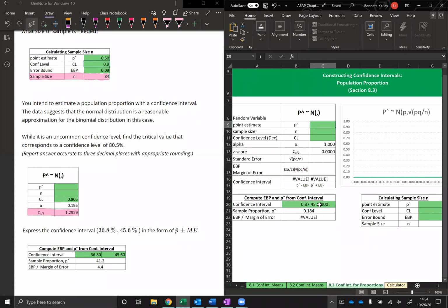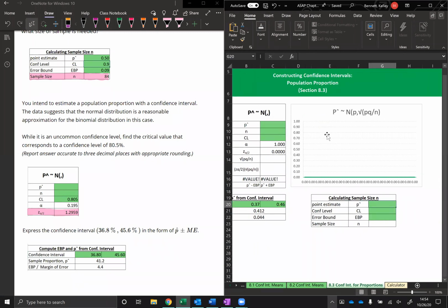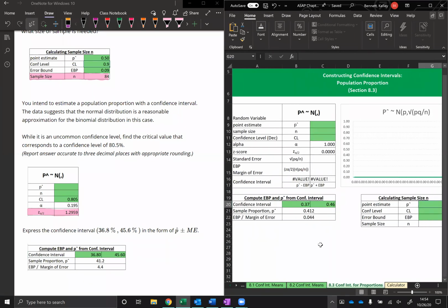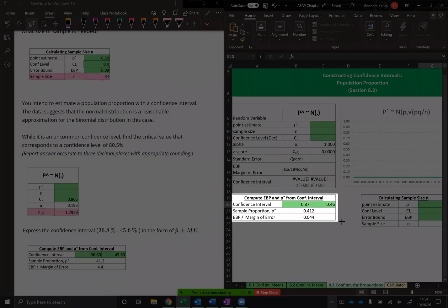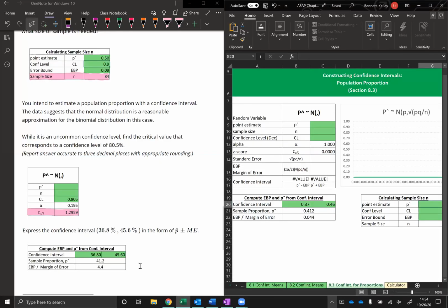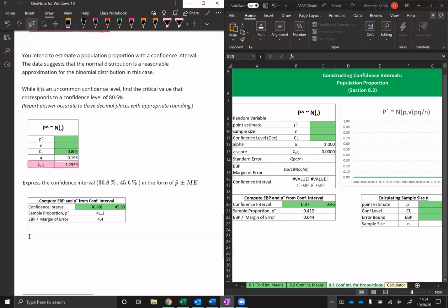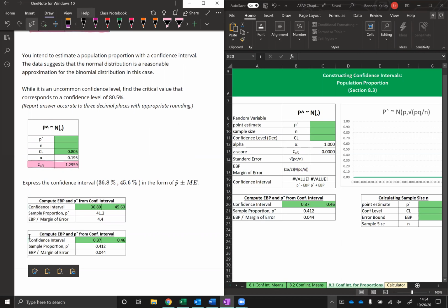There we are. We're going to end up getting the same thing, just in decimal form. So we can see that in this case, we got 0.412, which is the same as 41.2%. So the first one is a percent, and the second one is a decimal.